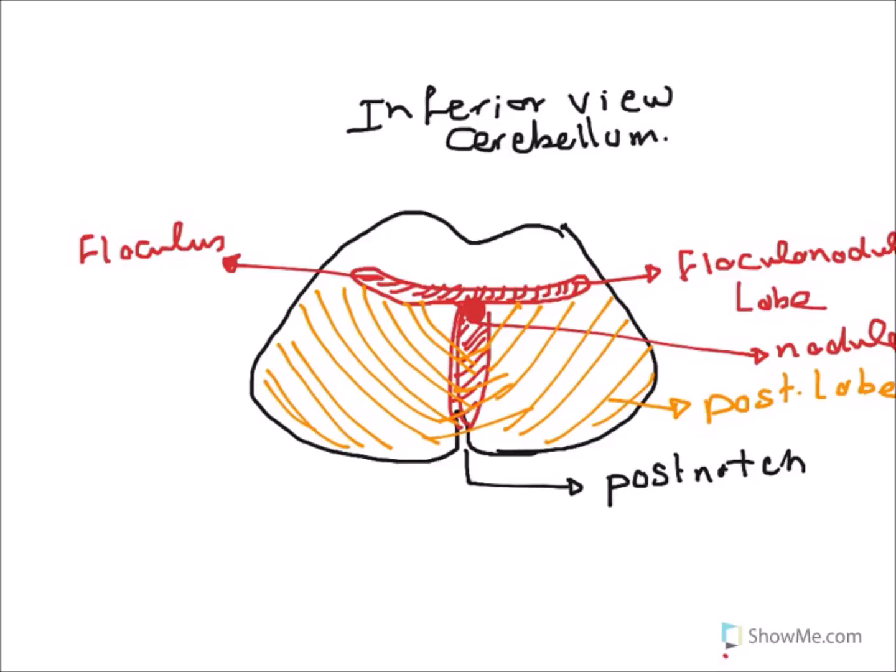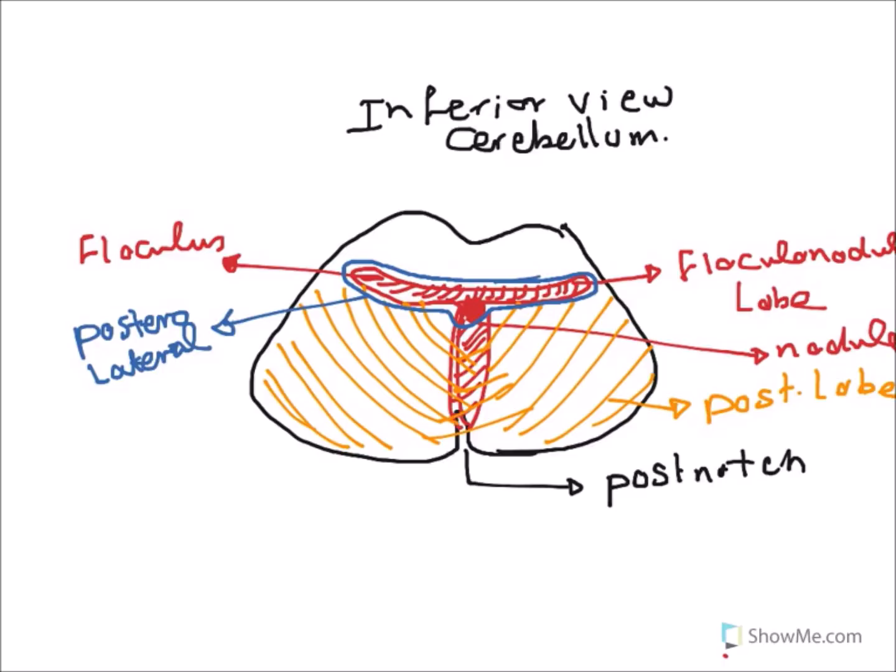The posterolateral fissure separates the whole folliculonodular lobe from the rest of the cerebellar hemispheres. This fissure is called the posterolateral fissure. Obviously, it is only seen on the inferior view of the cerebellum because we couldn't identify this structure in the previous drawing of the superior surface.